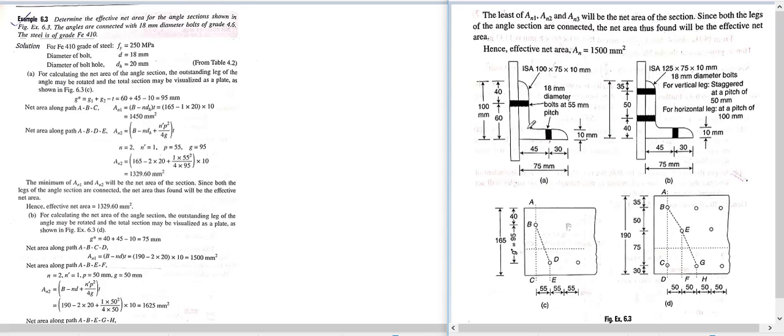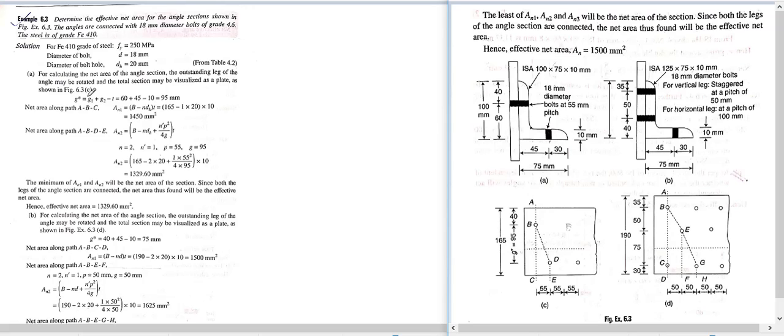So from this bolt to this bolt, the spacing will not be 60 plus 45, because if you rotate like this, this part will go inside this line, no? So that's why the modified gauge distance or modified spacing from this bolt to this bolt will be like this.